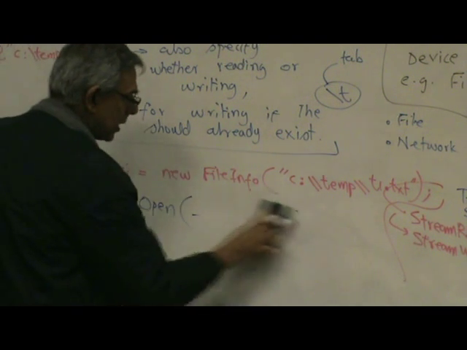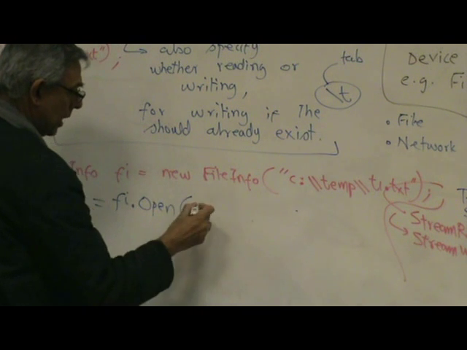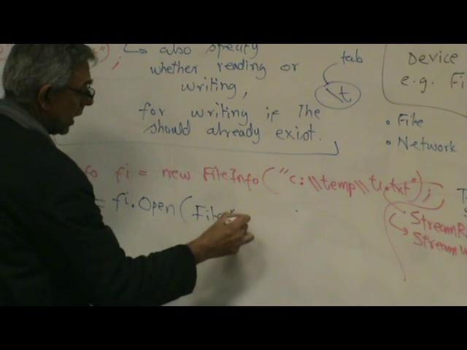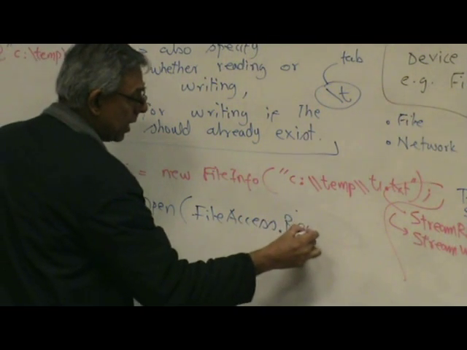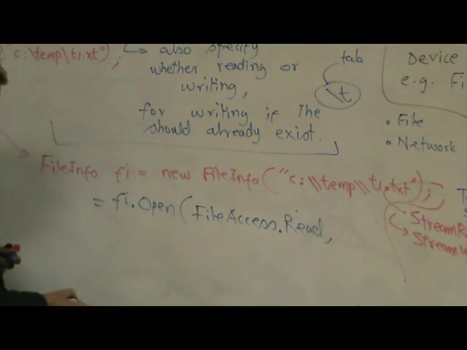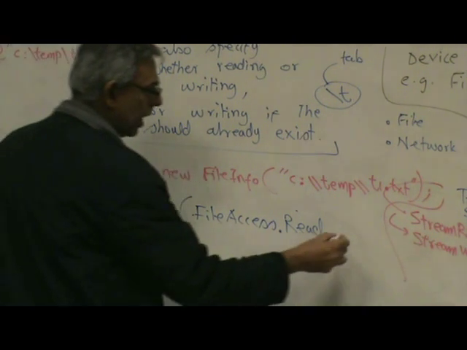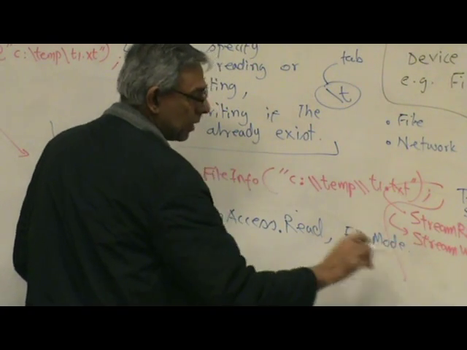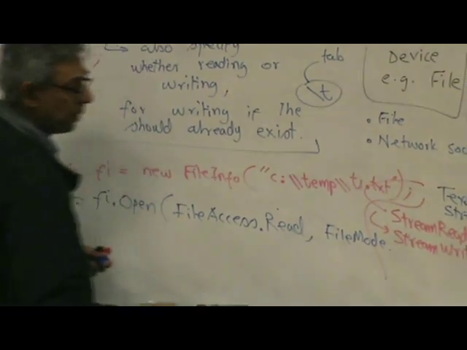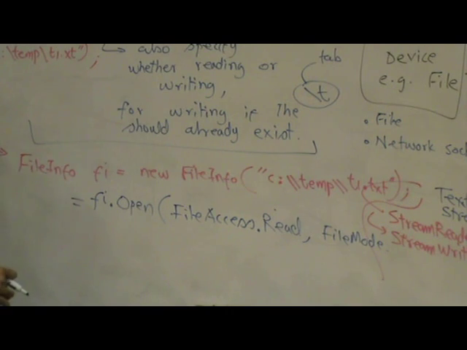Based on my memory, it's something like this. I think one of them is called FileAccess. So this is the enumeration dot Read, comma something FileMode. And I may be wrong, so once I go to the computer, I'll double check as I use the IntelliSense.